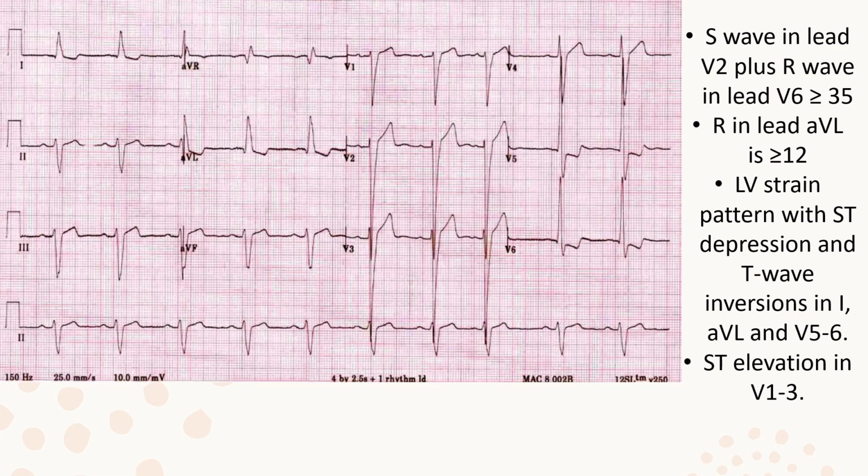I am not seeing, I'm leaning towards not seeing any notching of the R wave in V6. It might be an IVCD because it does not meet all of our firm criteria for a true left bundle branch block.